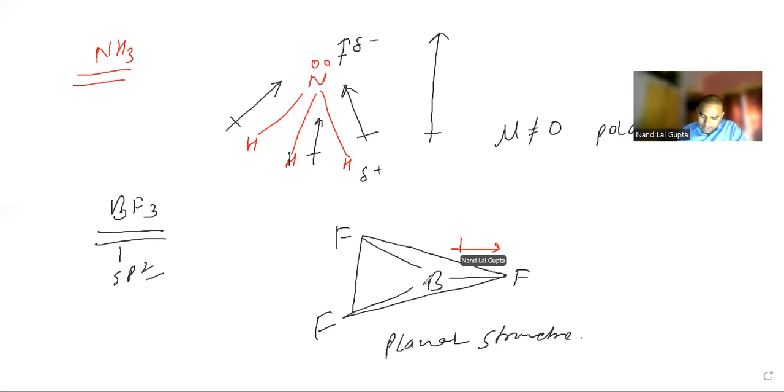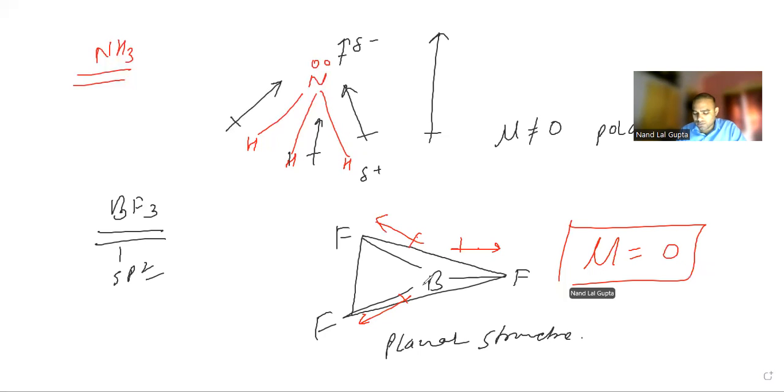Because one vector goes to this side, another to this side, and another to this side. Vector quantities are additive and subtractive, so each vector will cancel out. That is, mu is equal to 0, which means it is non-polar. Can you understand this one?